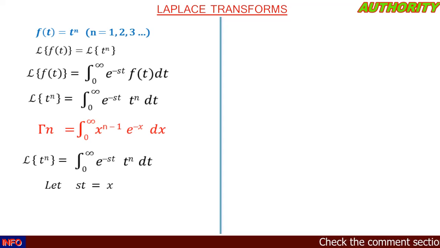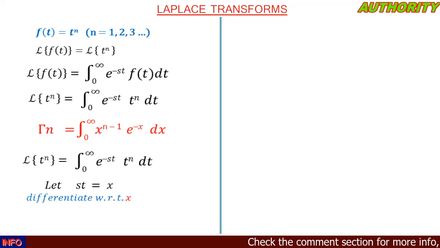So in this case, we want to change st to x. Since t and x are all variable, we can differentiate this function either with respect to t or with respect to x. Whichever one, they are going to give you the same thing with what we are going to do.